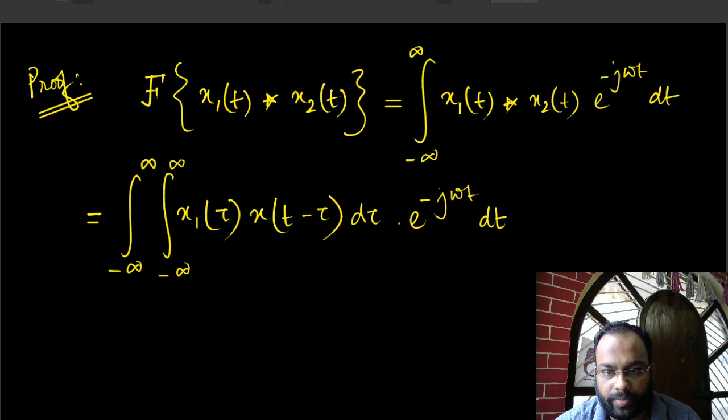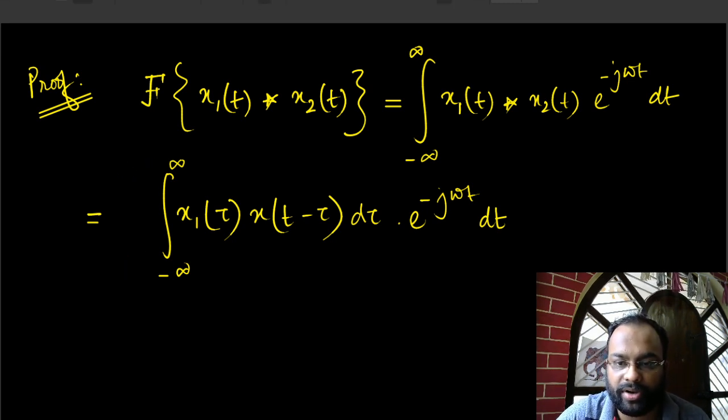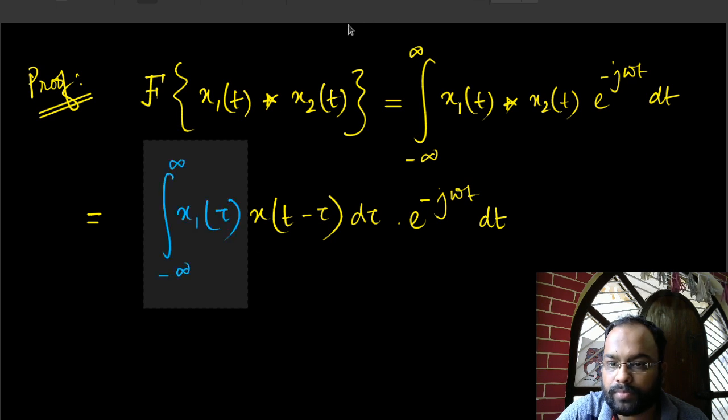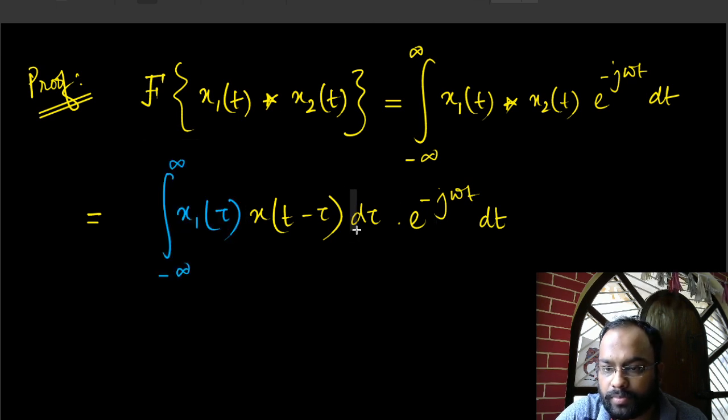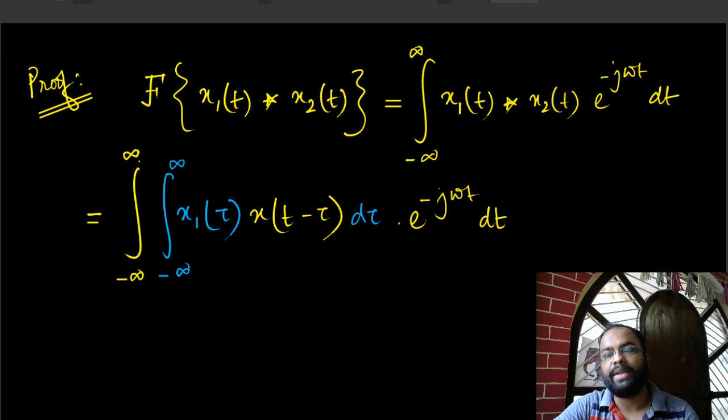Now again, I should have used a different ink to denote different things, so let's use a different ink. I'm using different inks to show parts of the integration that are independent from each other.